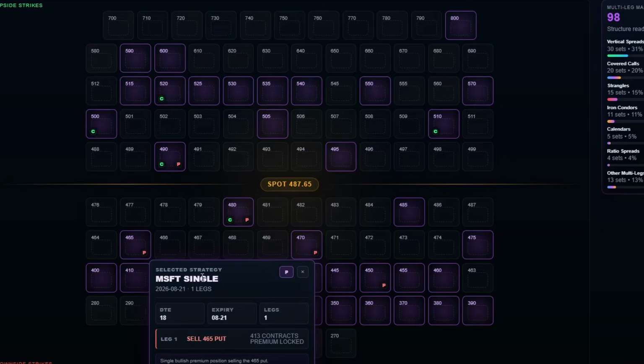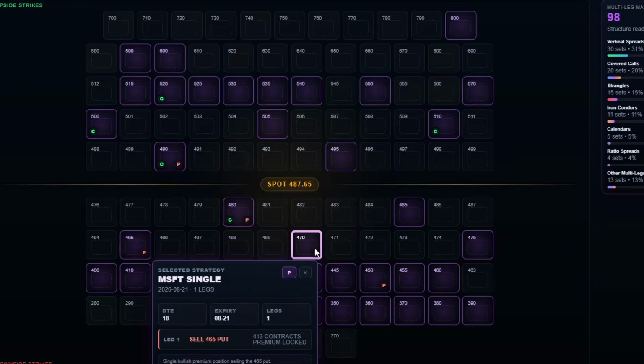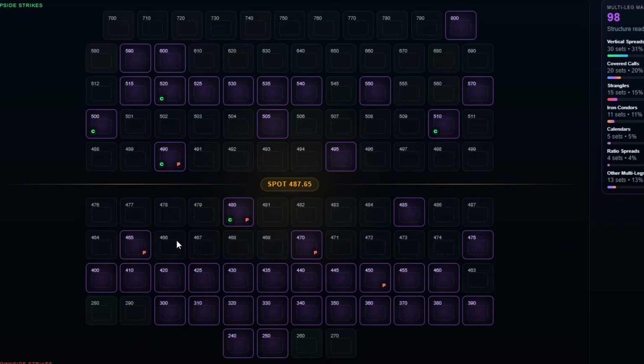Let's say you're bullish on this stock right here, but you're not sure how aggressive the stock is going to move in the coming weeks, this could be a good strategy to use, because as long as the stock goes up, you're going to make money from this trade. Or say that you simply like this ticker, you want to buy Microsoft stocks, and you're not sure when to enter.